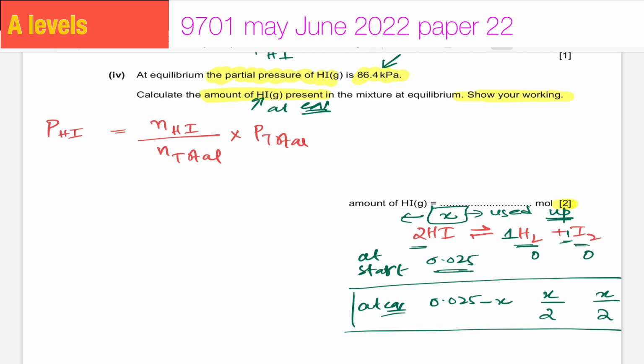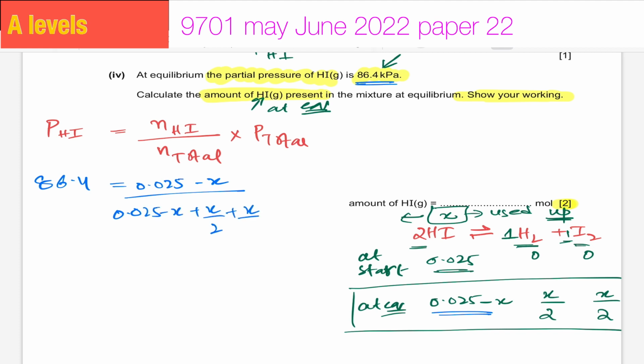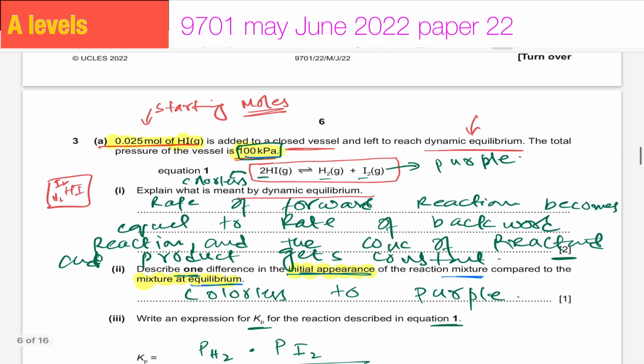So the partial pressure of hydrogen iodide is 86.4, which equals the moles of hydrogen iodide at equilibrium, 0.025 minus X, upon the total number of moles, 0.025 minus X plus X upon 2 plus X upon 2, times the total pressure of 100 kilopascals.